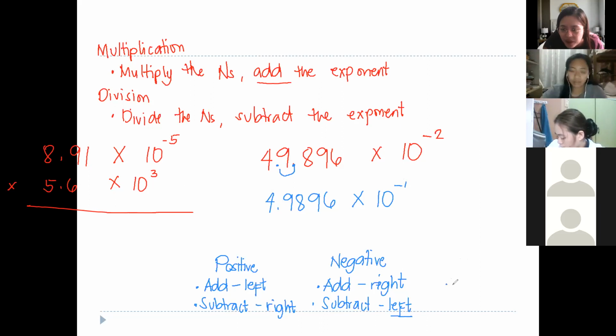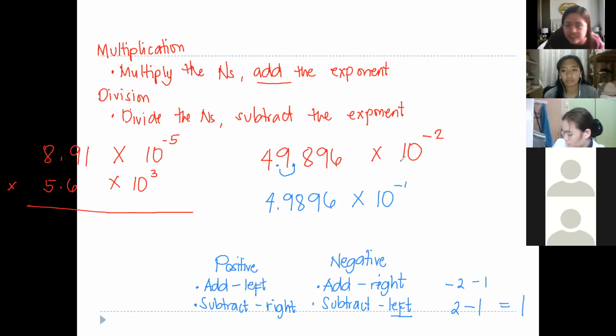Dili ta mag-subtract og kaning negative 2 minus negative 1. Dili siya ingana ha. Ang 2 lang atong i-minus plus 2 minus 1. That is 1. Just copy the negative na sign. Nasabtan, dili siya negative 3. Negative 1 lang siya. Ang number lang ang i-minus plus.